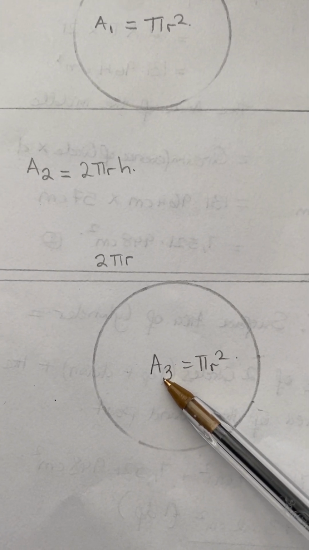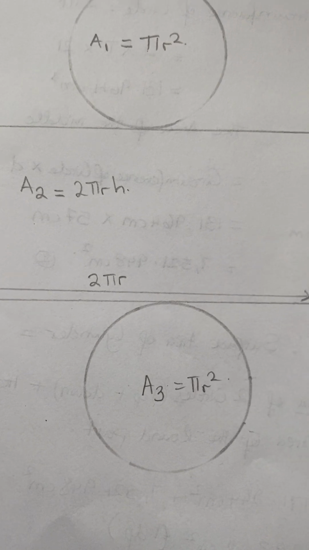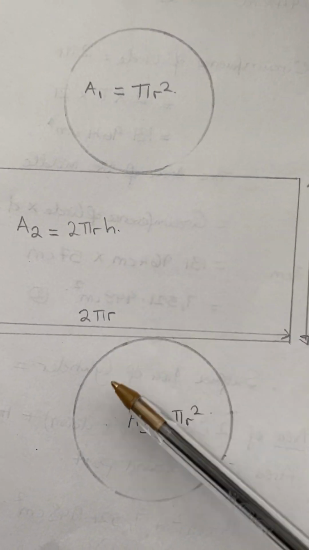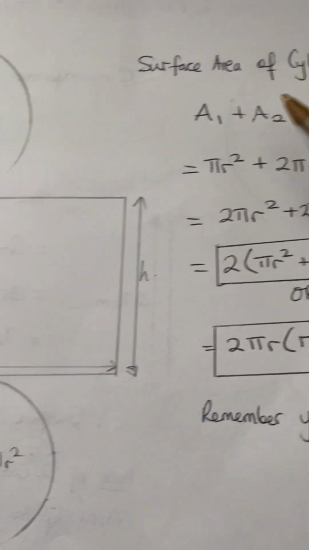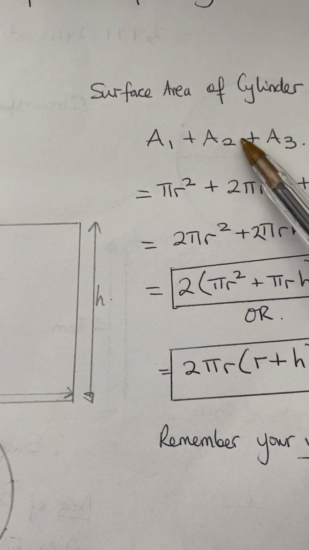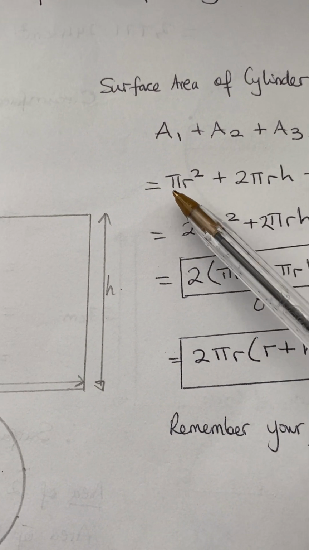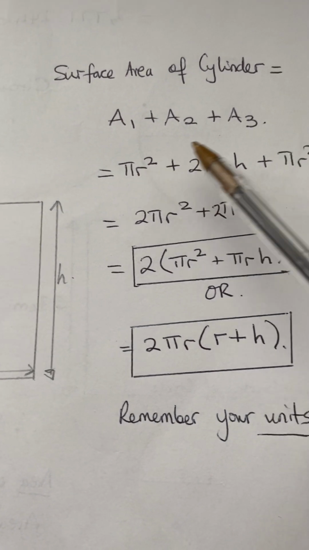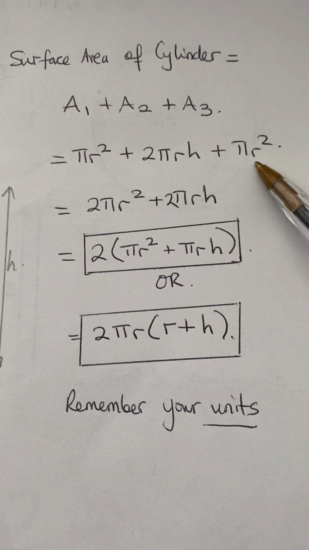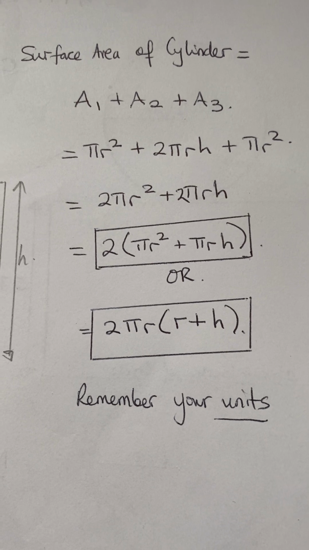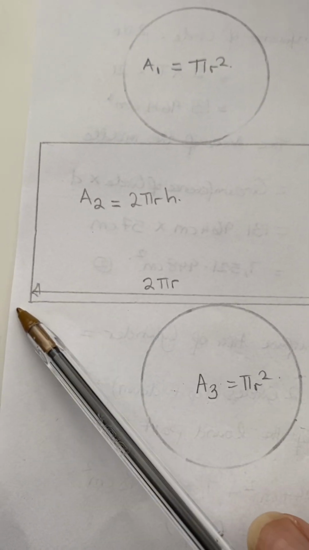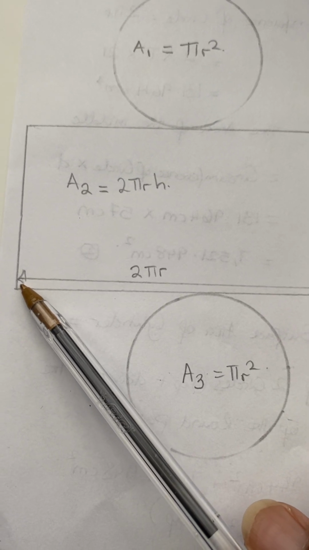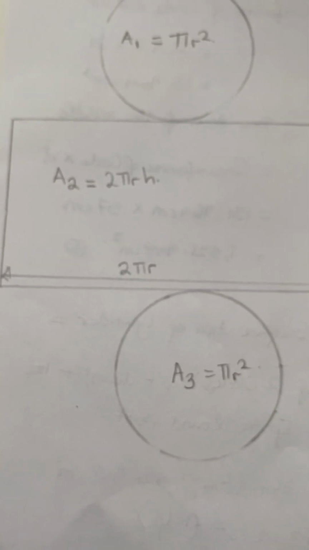Now we need to add all the three parts. The area of the two circular parts is pi r squared and pi r squared because they are circles.